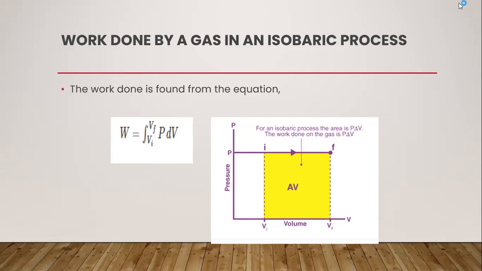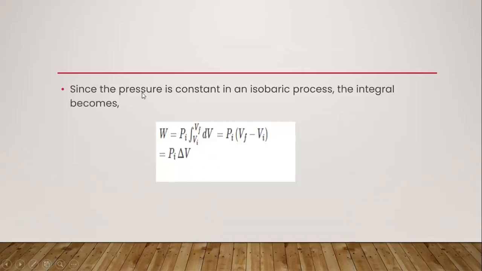Therefore, we know the work done equation W is equal to integral PdV, subject to initial volume and final volume. Now we want to integrate this work done equation according to the constant pressure process. The equation can be rewritten as: Pi, that is the constant, will be brought out of the integral, since a constant cannot be integrated.